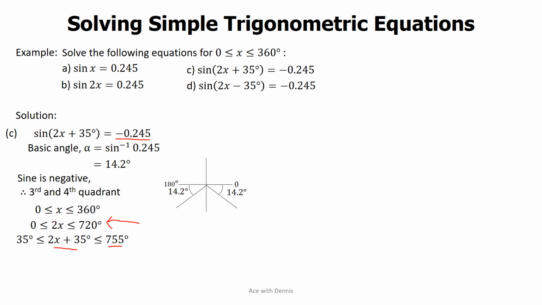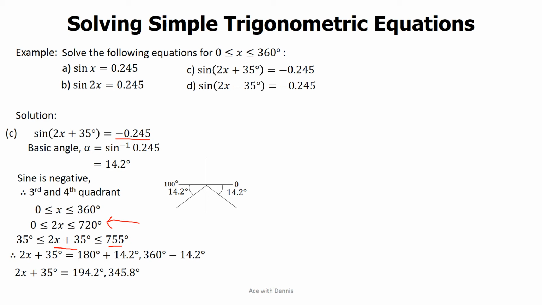Once we have identified the range, next step, we can write out the answer. So 2x plus 35 degrees equals 180 degrees plus 14.2 degrees, or 360 degrees minus 14.2 degrees. Which will give us the answer, 194.2 degrees, 345.8 degrees.